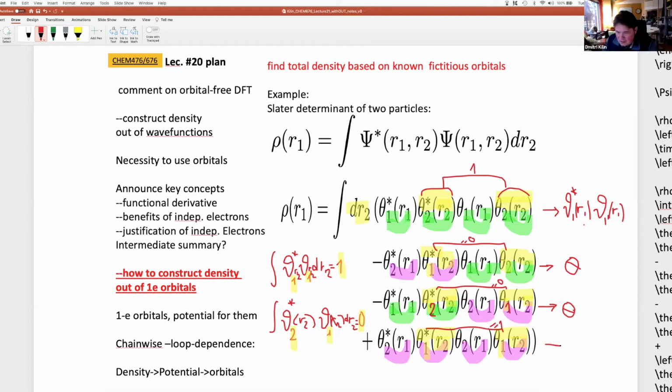Then out of this term, we will keep only these factors. So theta star 2 of R1 multiplied by theta without star 2 of R1.